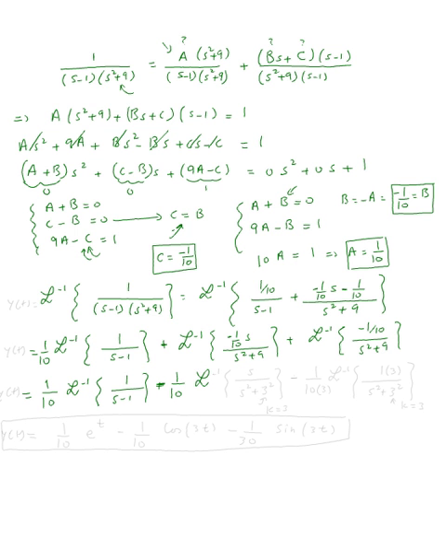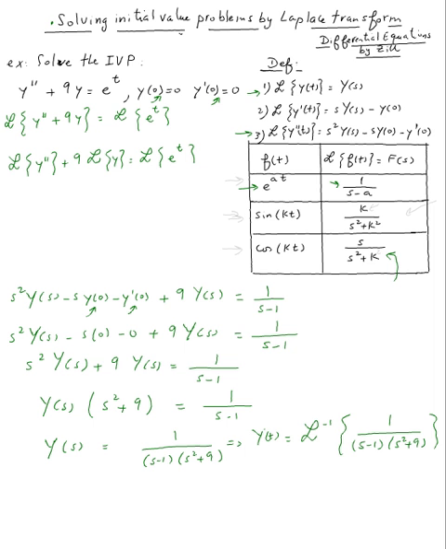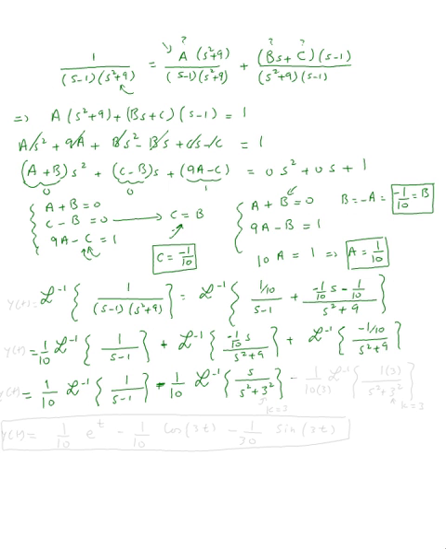Then I get Laplace inverse of s, and I'm going to write 9 as 3 squared, because I'm looking already at this column of that row, right? Plus, minus, I'm going to take 1 over 10 outside. And then Laplace inverse of 1 over s squared.